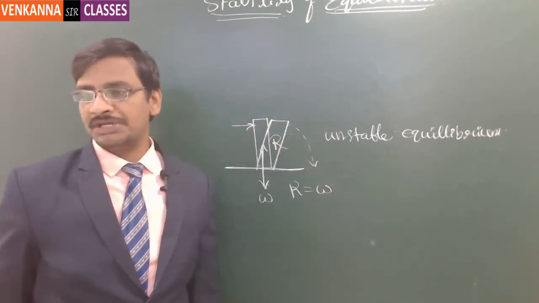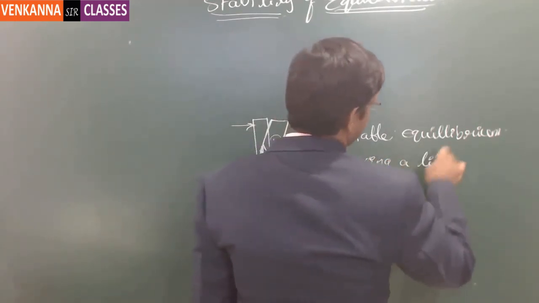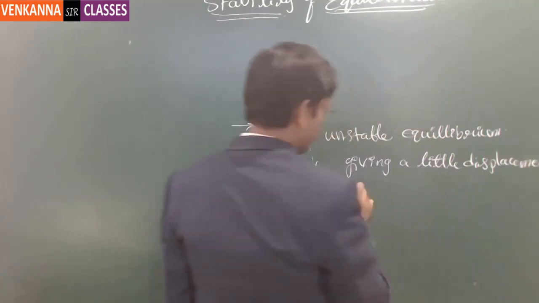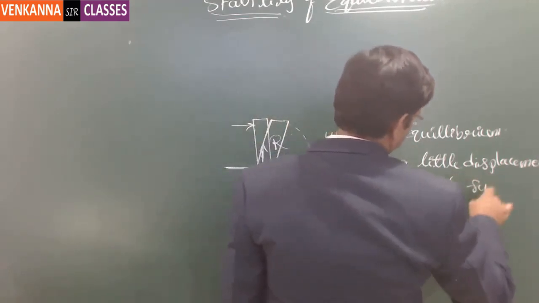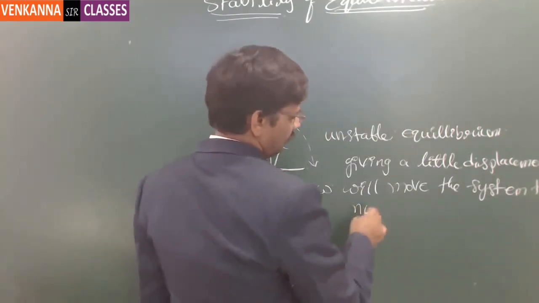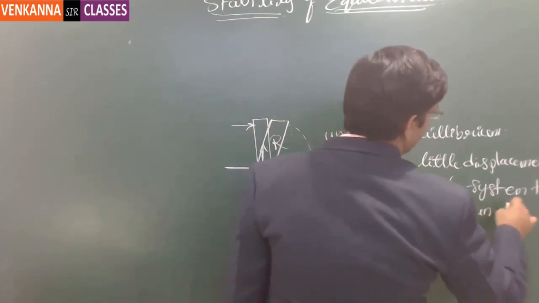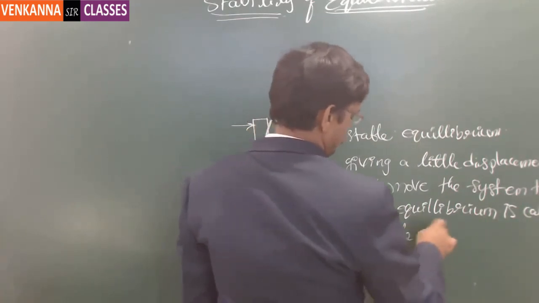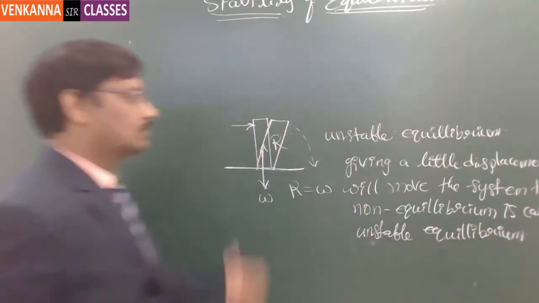So giving a little displacement will move the system to a non-equilibrium case, and this is called unstable equilibrium.